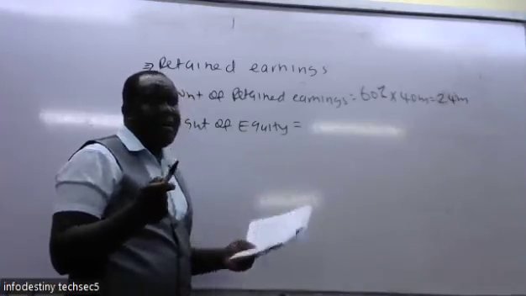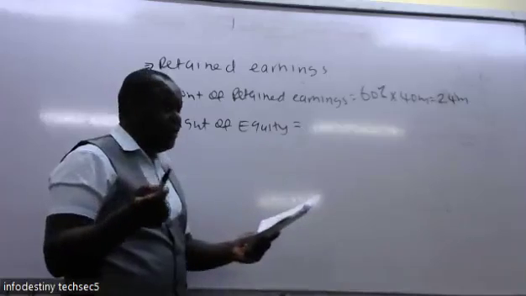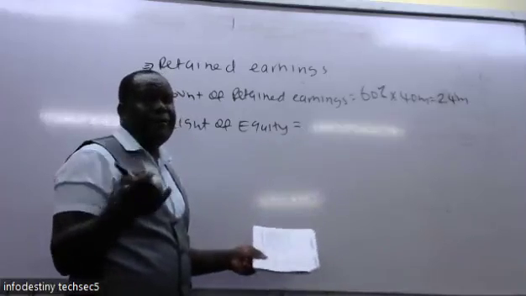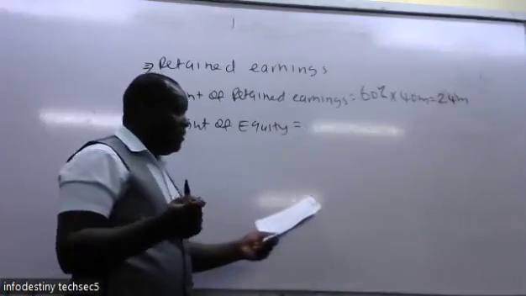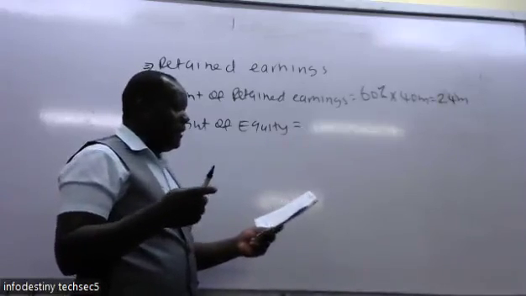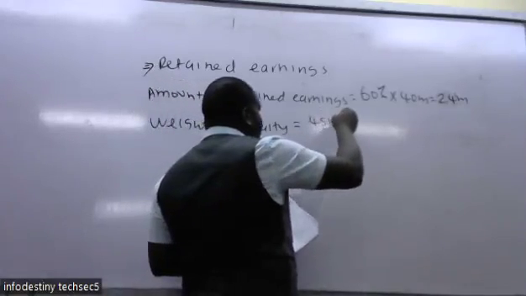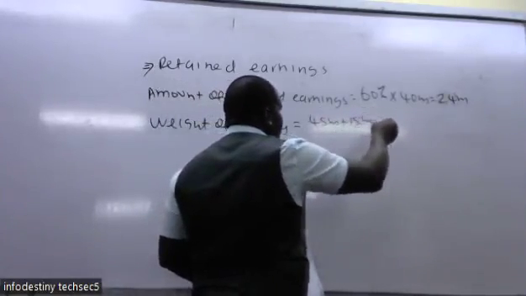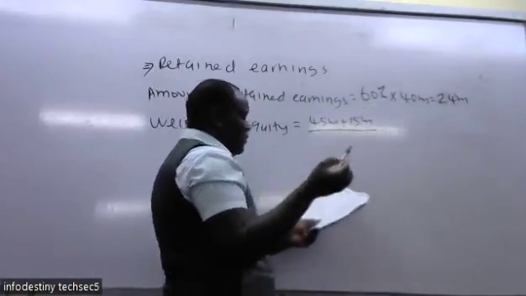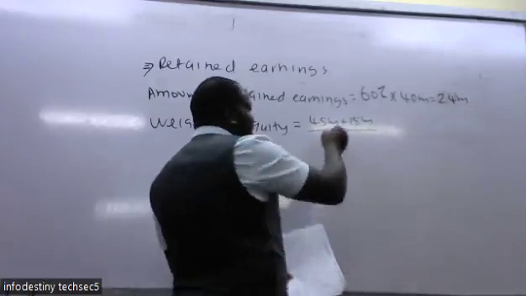Reserves are part of your equity; it is normally reserves, retained earnings, and ordinary shares. So you can see in the capital structure, there is 45 million plus 15 million. Then divide by the total, which is 100 million.